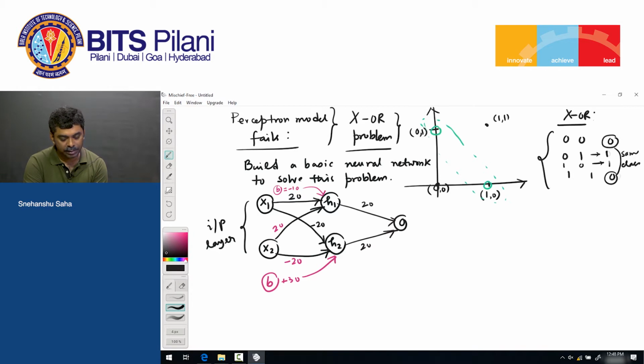The idea is, between the input layer and the hidden layer there is some function, an activation. You have a weighted combination of the input layer plus the bias, and you feed it to the hidden layer. In this particular neuron, we will have an activation unit which is a combination of the input neurons: 20 times x1 plus 20 times x2, with a bias unit that is minus 10.